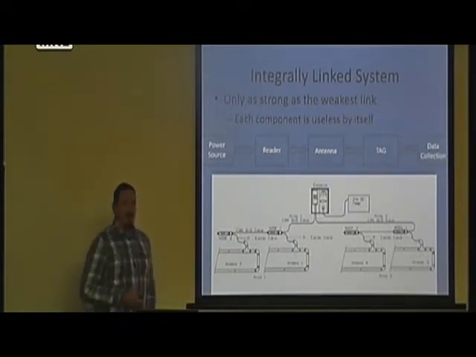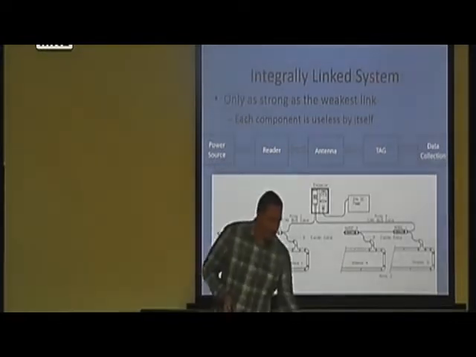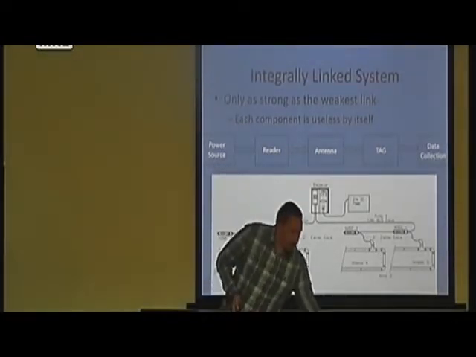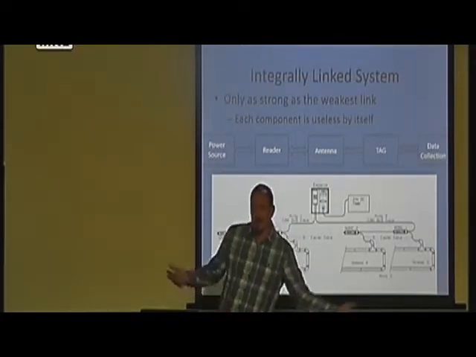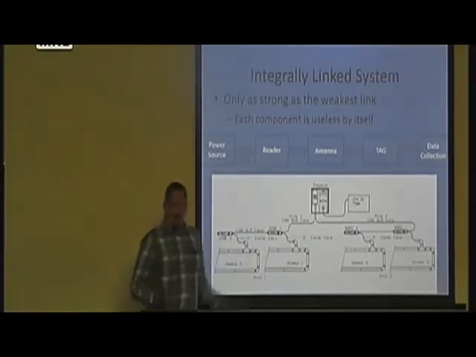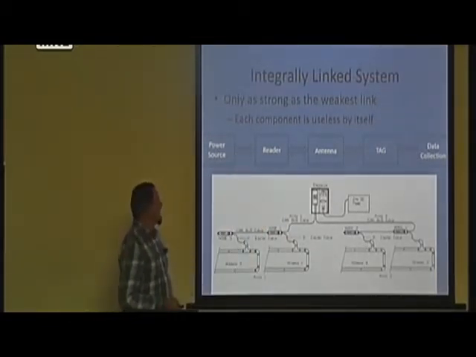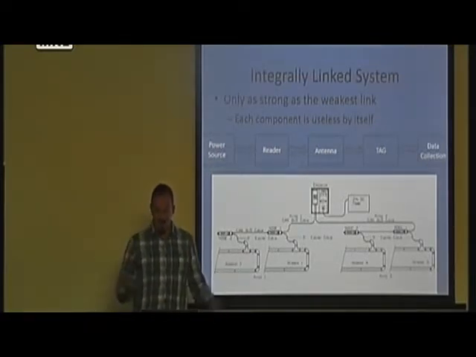It's only as strong as its weakest link. Each component is basically useless by itself. If you've got a really good reader but a not so good antenna, you're not getting any tag read. If your power goes out, you're not getting a tag read. If one of your wires cuts, it's done. So this system really has to work together.